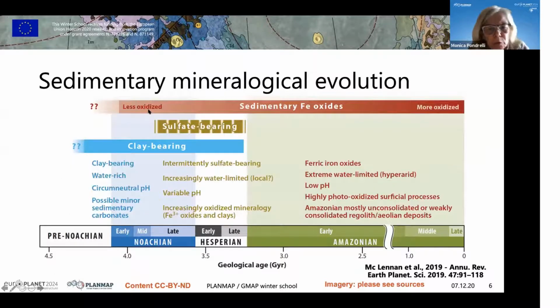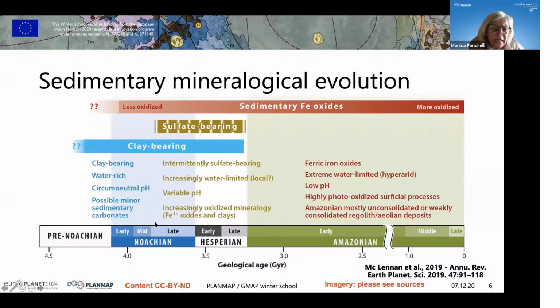From the point of view of the sedimentary mineralogical evolution, Lucia already told something about this, so I will not go into the details, but the sedimentary history of Mars starts with clay-bearing deposits, which depict a water-rich early Mars, also with the association of possible sedimentary carbonates, even if they were very minor deposits.